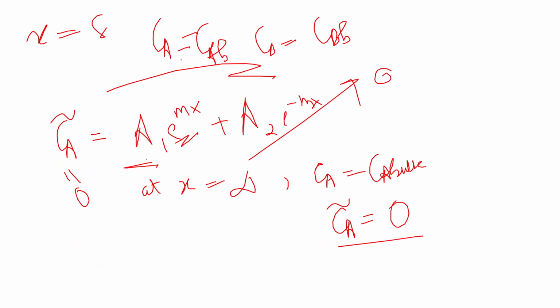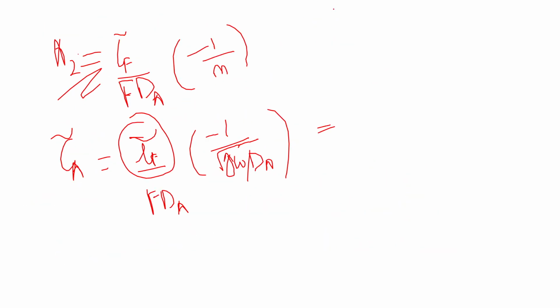A2 CA bar is equal to A2 into e to the power minus mx. I forgot that e to the power minus mx. So m is nothing but root of j omega by dA. Just have to substitute that, so you get this equation for CA.